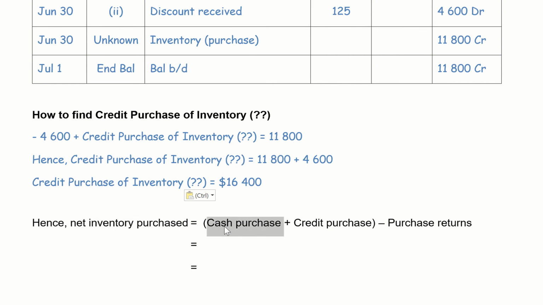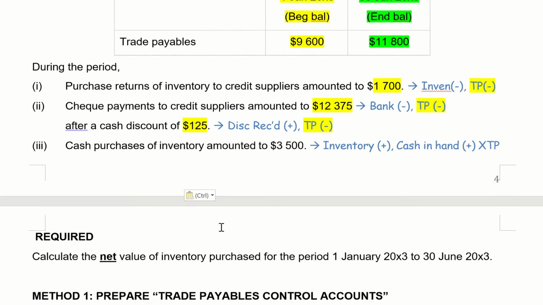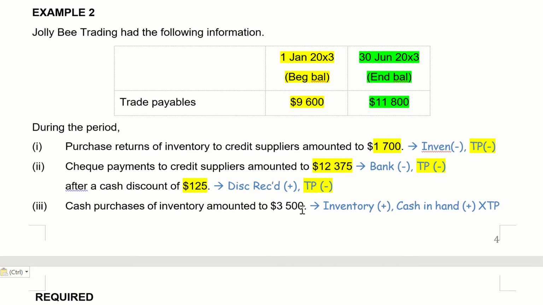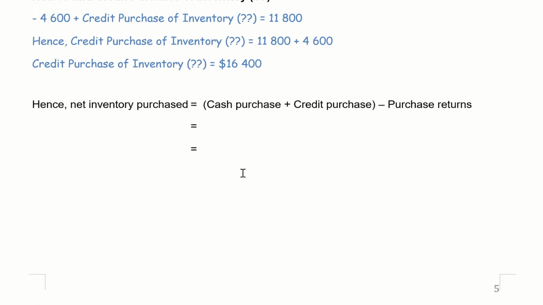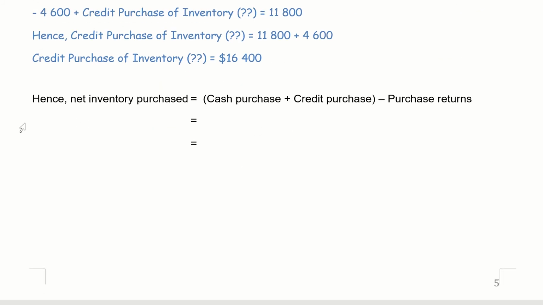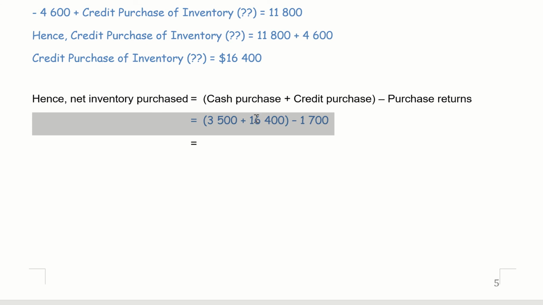Actually, everything can be found already. Is cash purchase available? Yes, it is available because it stated here that the cash purchase of inventory is $3,500. So cash purchase 3,500 plus credit purchase, which is 16,400, minus $1,700, which is purchase returns.